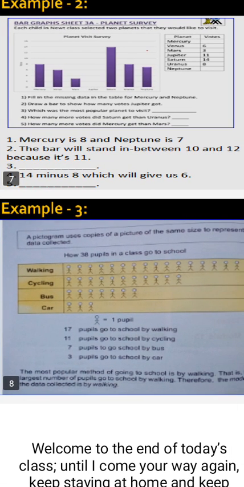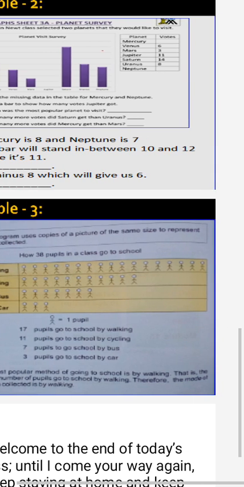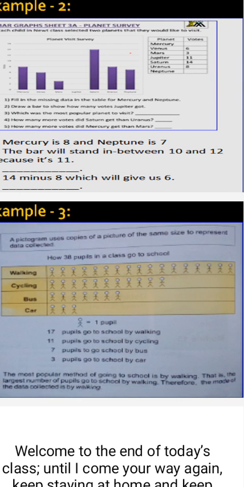From the pictogram we have towards my left, we have that some go by walking, others cycling, some by bus, the others using car. So how do we know that? For each of the diagram, each of the pictures represents one pupil. So if you count the pupils against how they go to school, then you should know how many numbers. So it's been done for us.